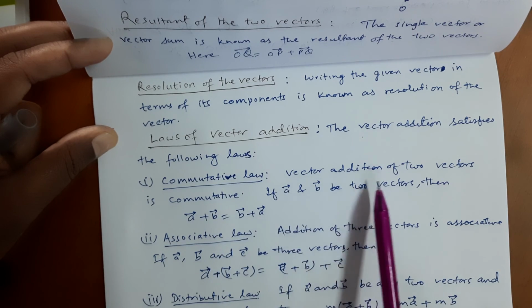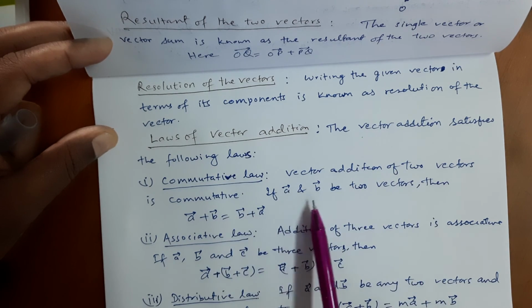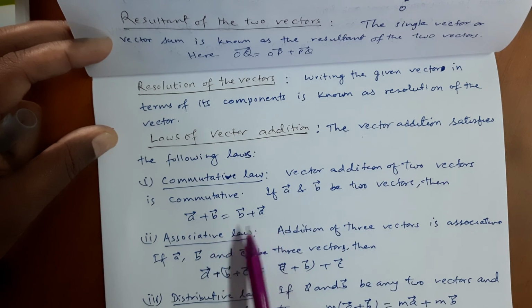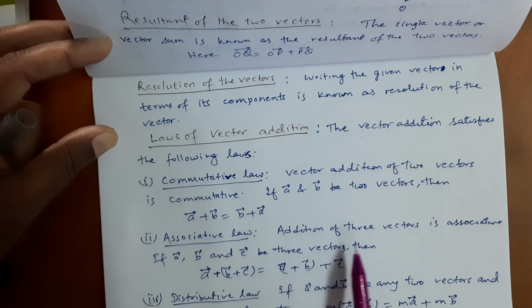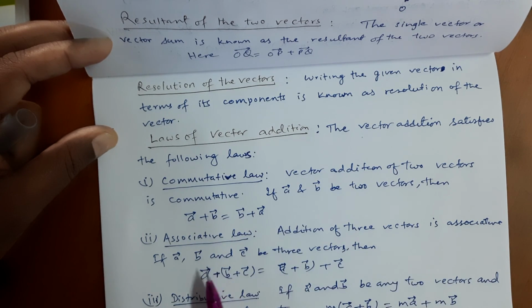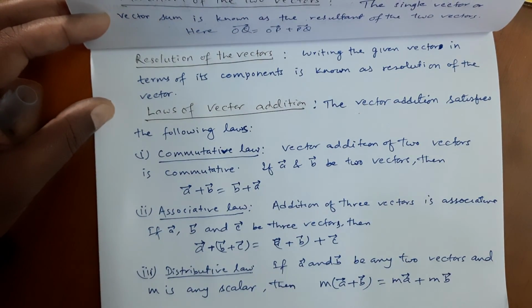Commutative law: if A and B are two vectors, then A plus B equals B plus A. Writing it in opposite order is known as the commutative law. Associative law: addition of three vectors is associative. If A, B and C are three vectors, then A plus B plus C equals A plus B plus C, grouped either way. Distributive law: if A and B are any two vectors and M is any scalar, then M times the sum of A plus B equals MA plus MB. This M is distributed to A and to B as well.